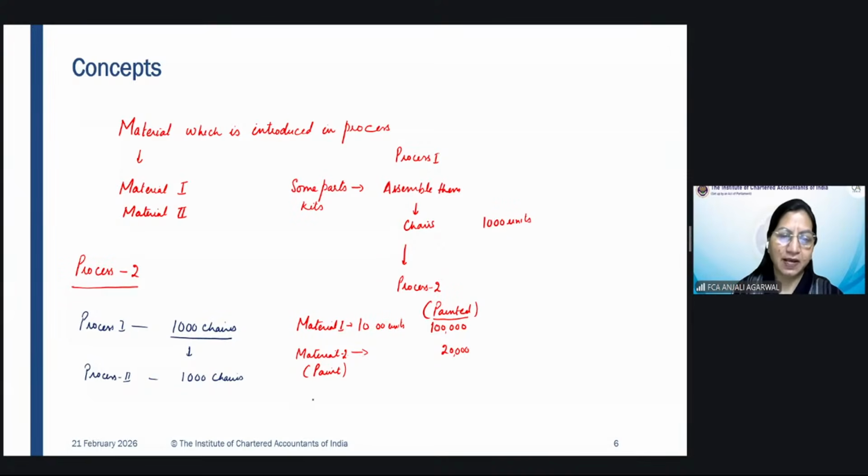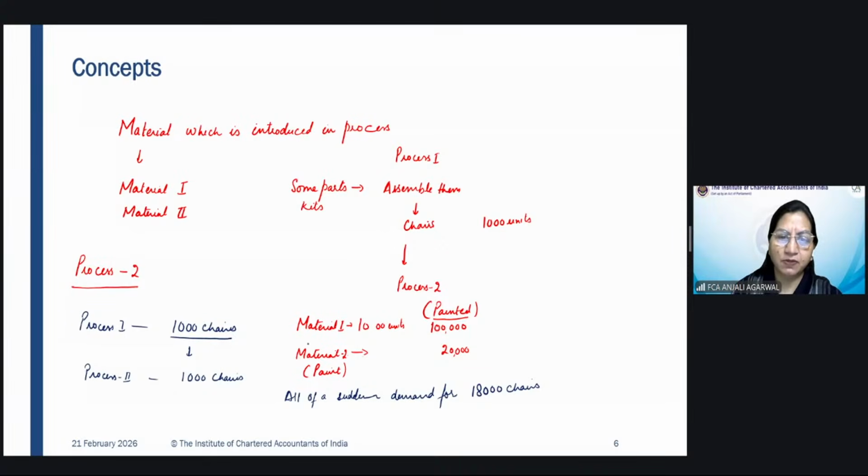One exception can happen. All of a sudden, there is a demand for 18,000 chairs. But process one is not in a position to quickly assemble these 8,000 additional chairs.